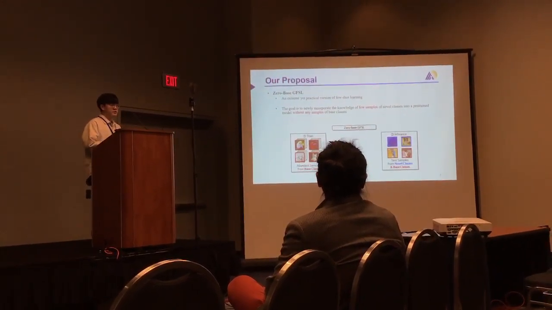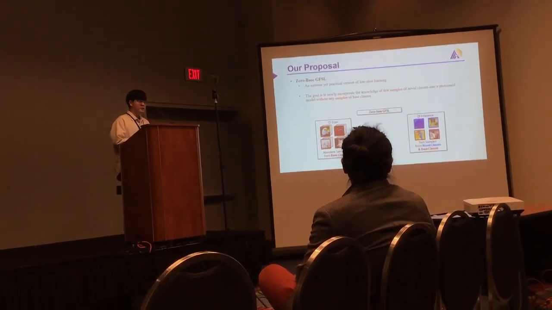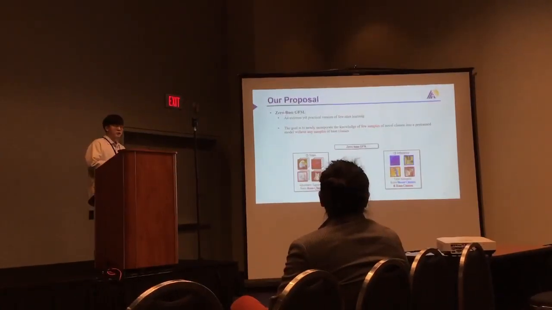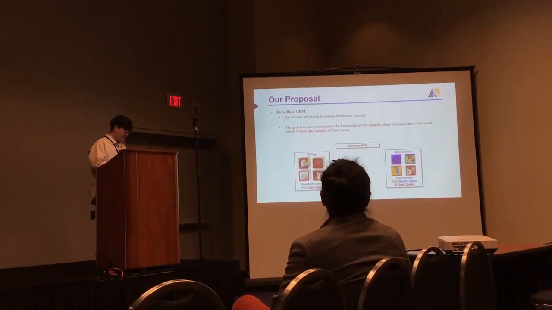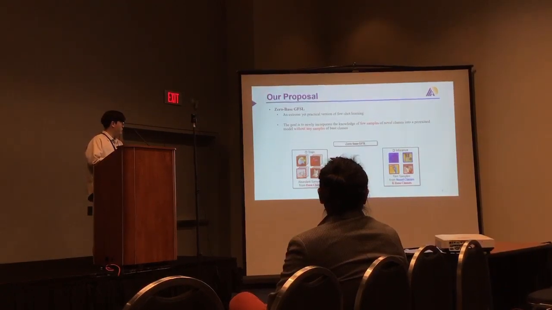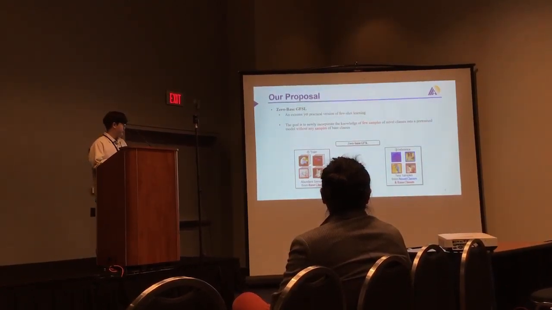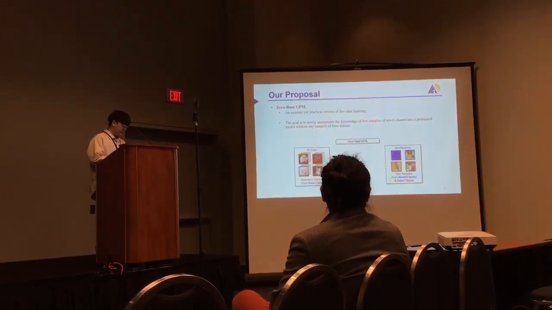In zero-base GFSL, our goal is still the same as generalized few-shot learning, which means we have to maintain performance on base classes and novel classes. In addition, we do the same without any sample of base classes. As you can see, this is a very extreme yet practical version of few-shot learning.